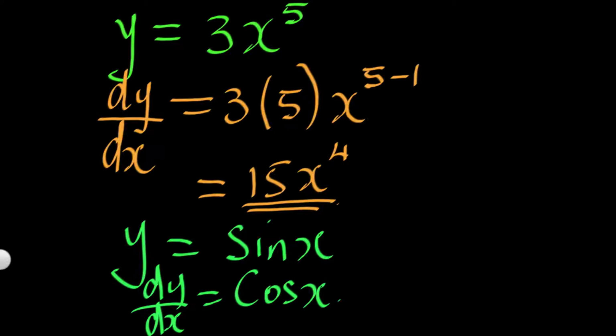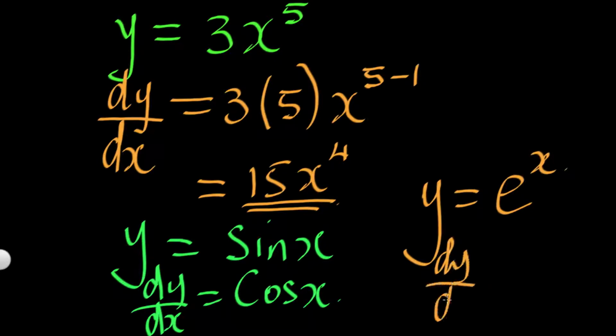I can also have a function like y is equal to e to the power of x. From here, dy dx is equal to e to the power of x.